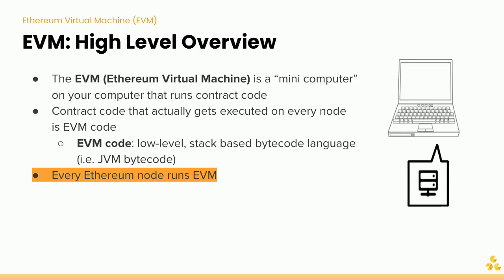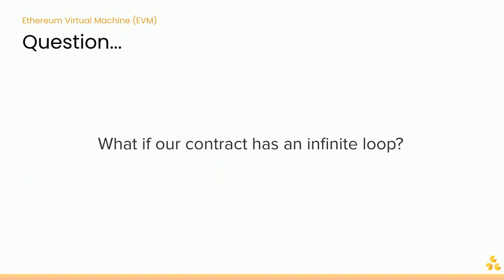What this means is it is run on all these different computers. The mini computers inside of each computer all run this code, and things all work in collaboration to achieve a bigger goal. The last thing to keep in mind is that every Ethereum node runs EVM. So every single device that we see will run EVM here.